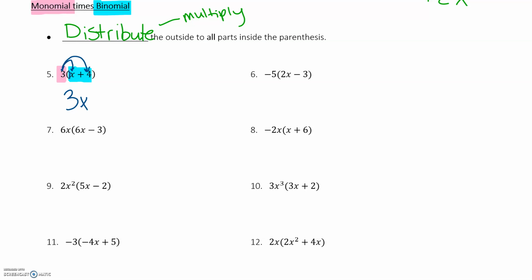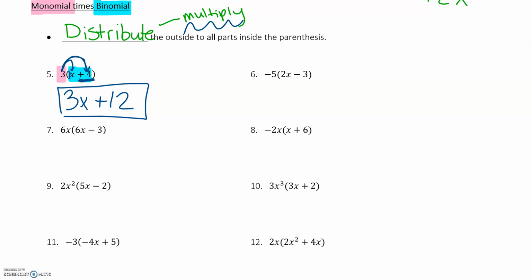Then we're going to look at the 3 times the 4. Now this sign is very important. Make sure that you keep it with that number, with whatever that piece is. So 3 times a positive 4, which gives us a positive 12. This is not 3 plus 4, it's 3 multiplied with 4. So we actually get 3x plus 12.